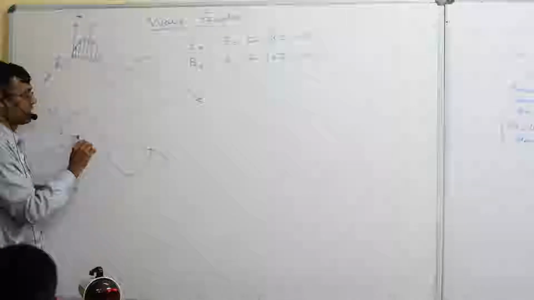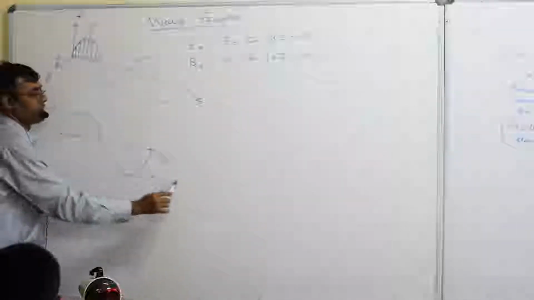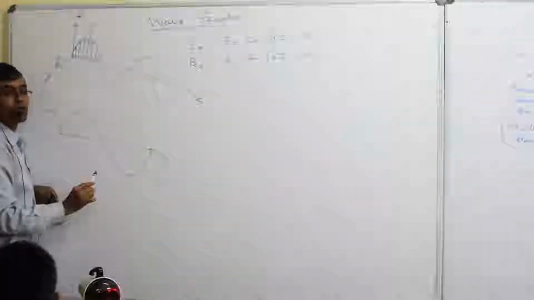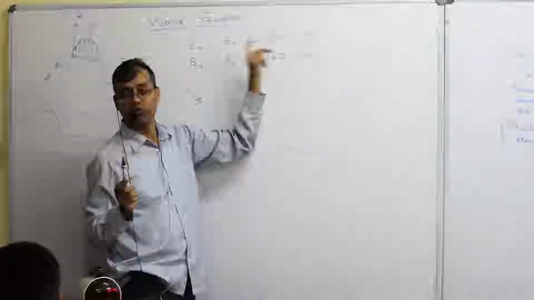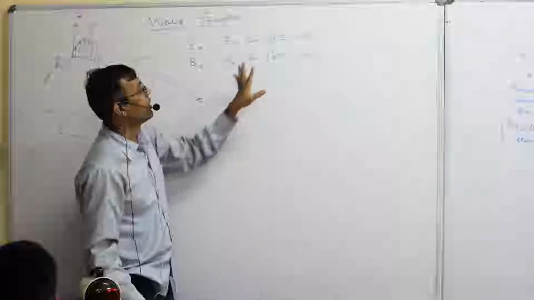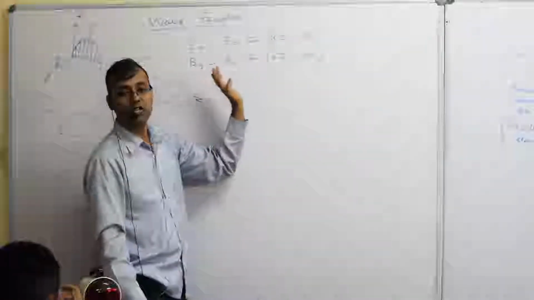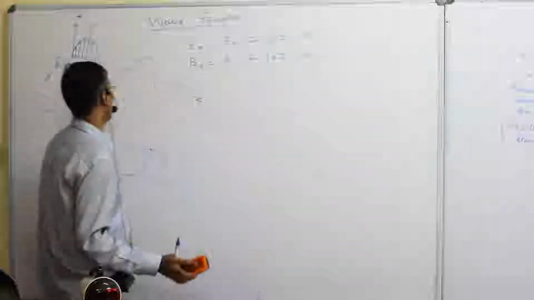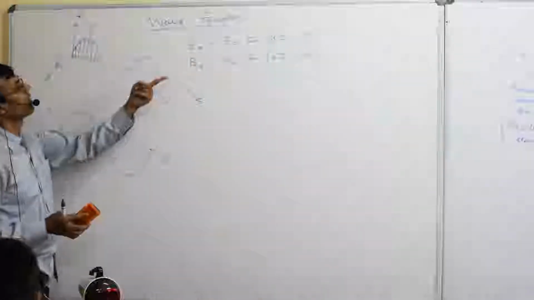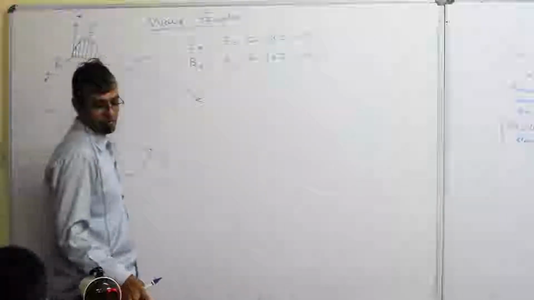After a certain time it's not going to be here, it's going to be here. Following what I'm saying? So it's not going to be one single term, it's going to be two different terms. We don't have this derivation, but you just have to understand that there are two terms it depends upon. You may get some numericals based on this.